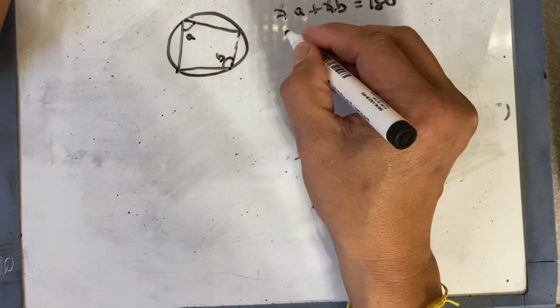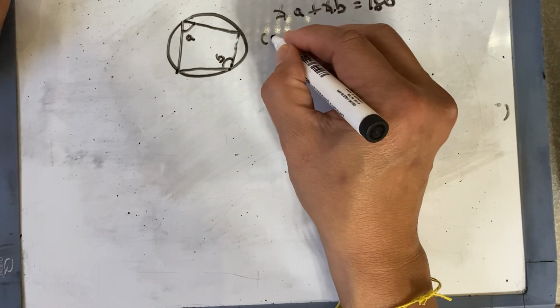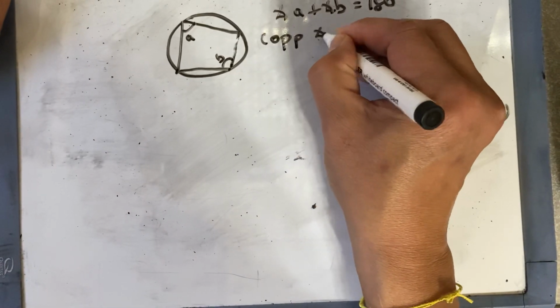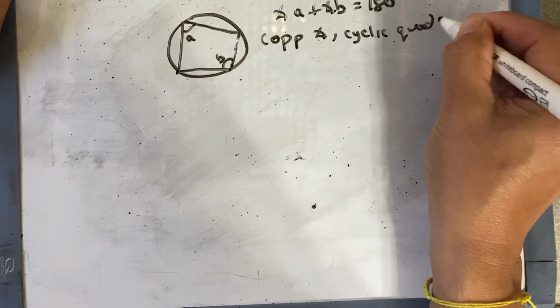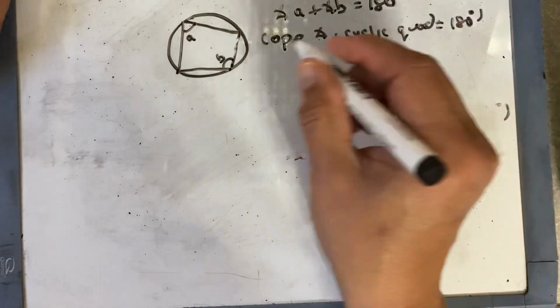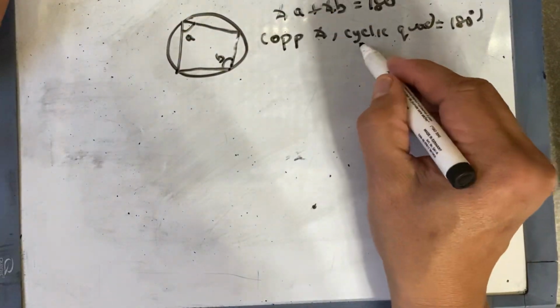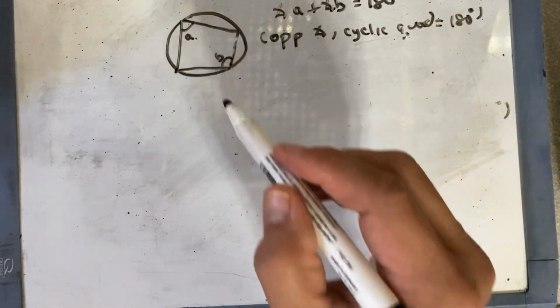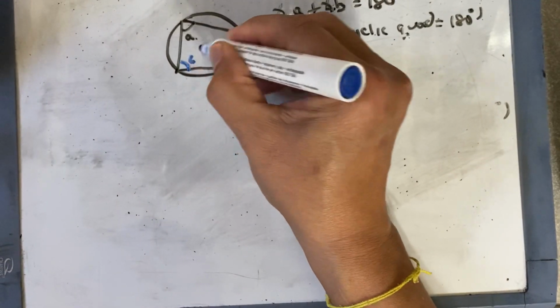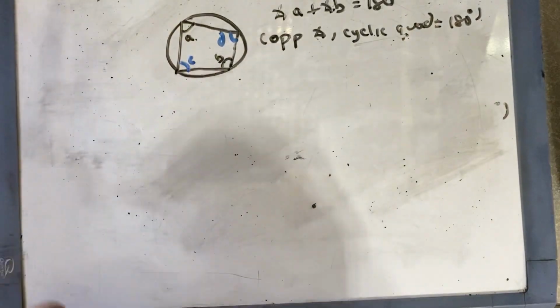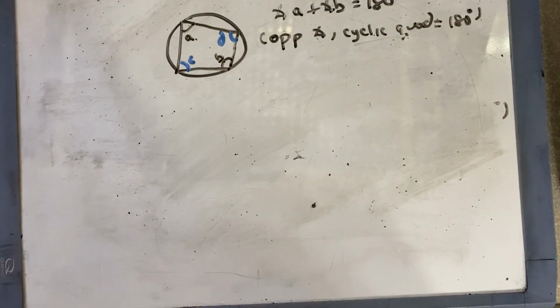So the theorem states that opposite angles of a cyclic quad equal 180. This is a quadrilateral inside a circle. It's called a cyclic quad. So the ones opposite each other add up to 180. Similarly, C and D will also add up to 180.